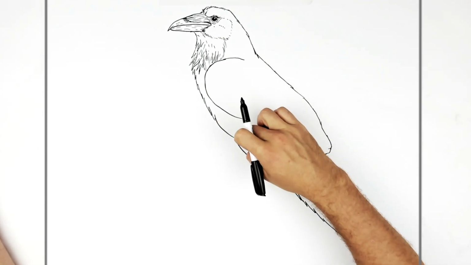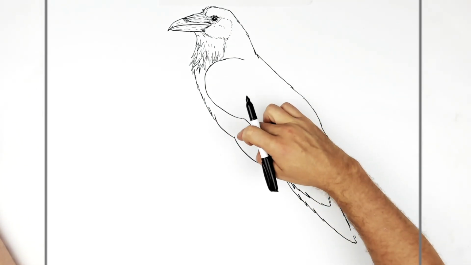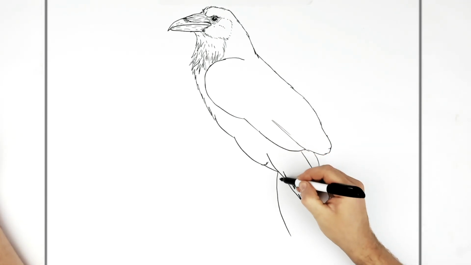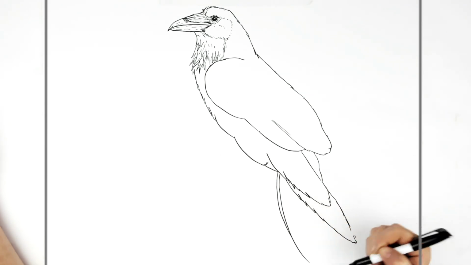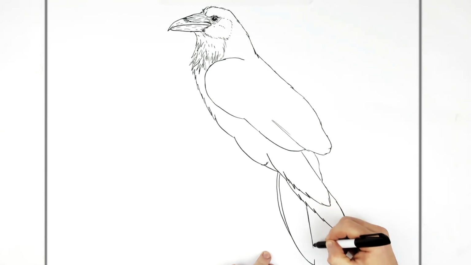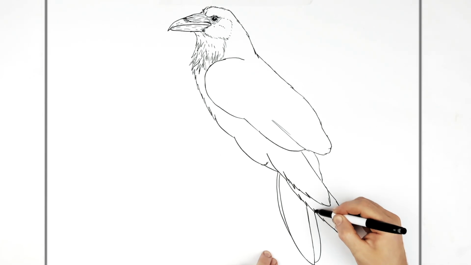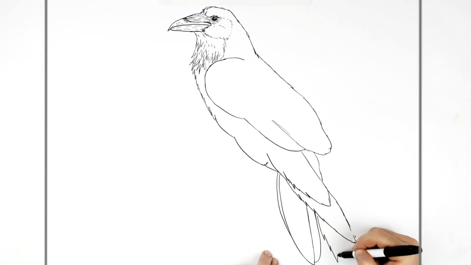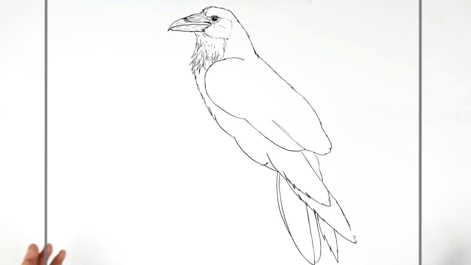There are some more wing feathers in this section, and then tail feathers hanging down right here. Like this. There.